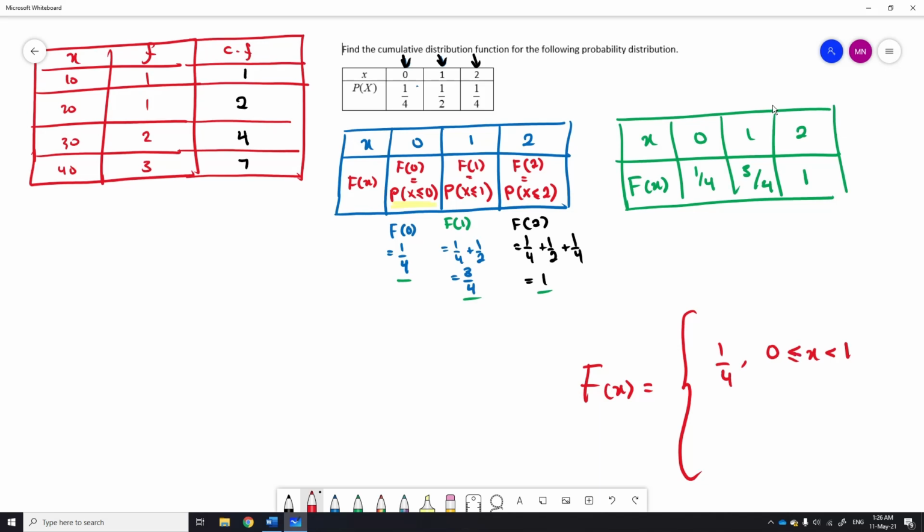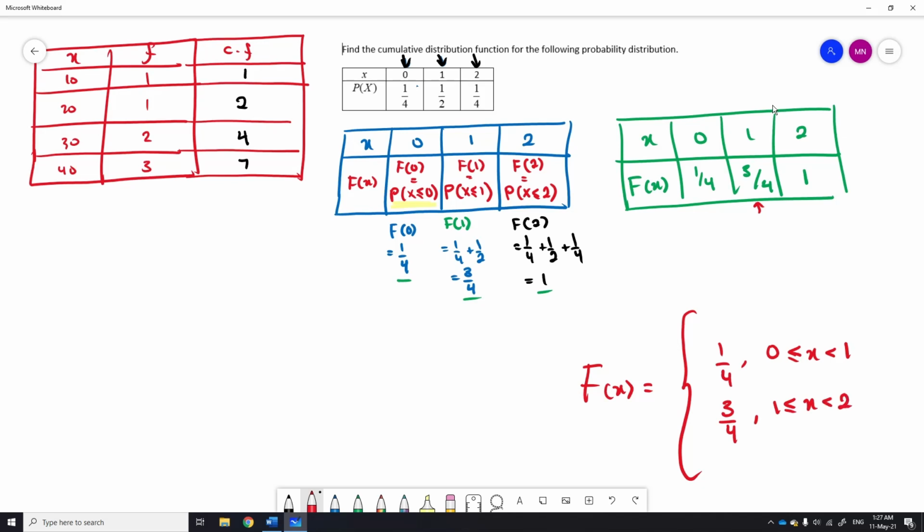It covers from 0 until less than 1. So then next is 3 over 4. So 3 over 4 covers from 1 ≤ x < 2.